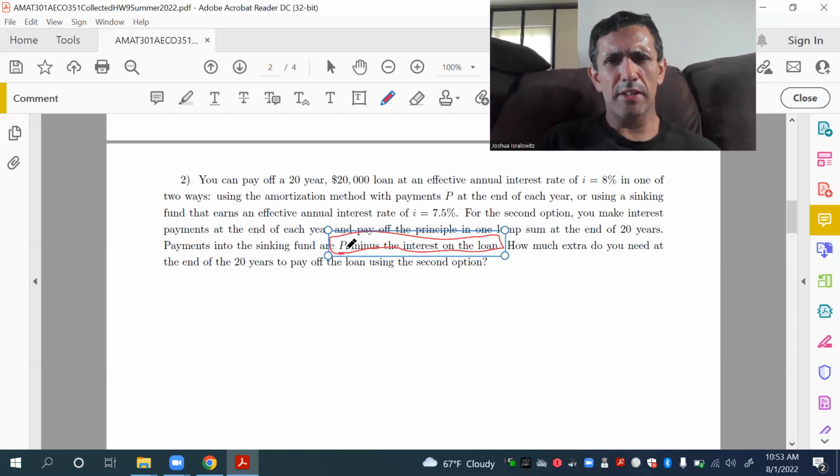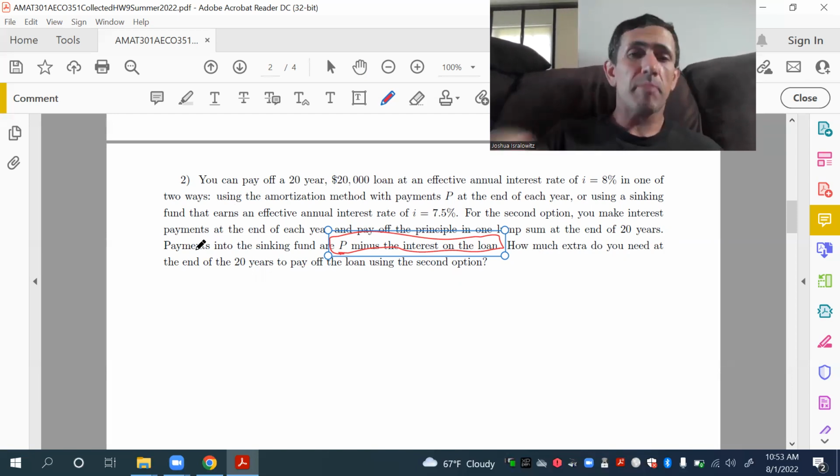And the idea is that in both situations, the total outlay for each option is the same. The total outlay for your sinking fund method is, well, you're making deposits of P minus the interest on the loan at the end of each year, but then you're also making payments of interest on the loan.